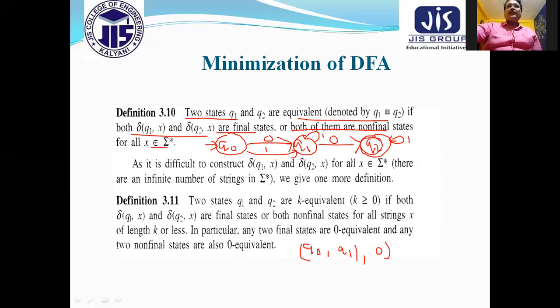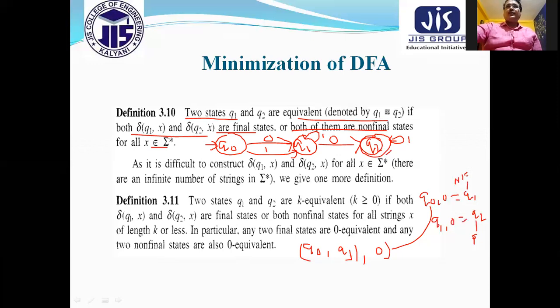Q0 taking the 0 goes to Q1, and Q1 taking the 0 goes to Q2. So what I can see here, for the input 0, I am getting one non-final and the second one final, because Q2 is the final state.